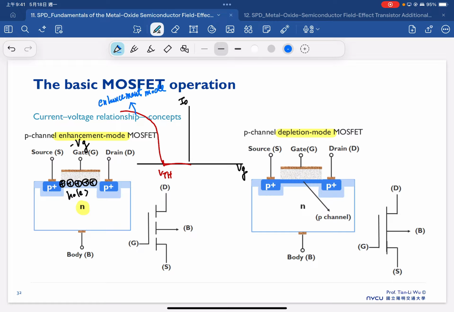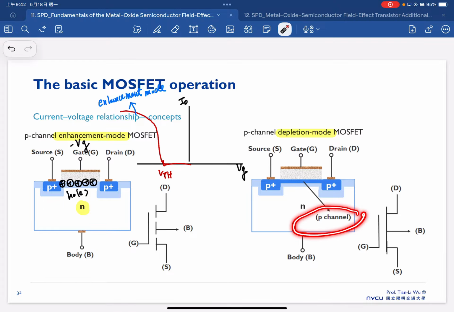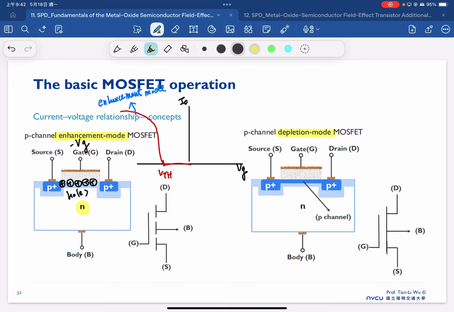So similarly, we also have this p-channel depletion mode device. In this case, the p-channel already exists.